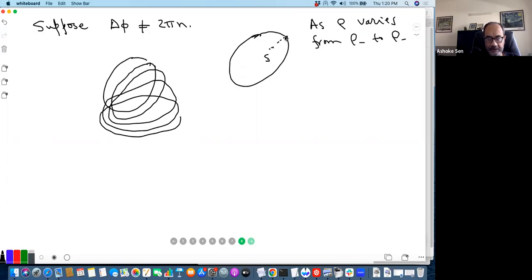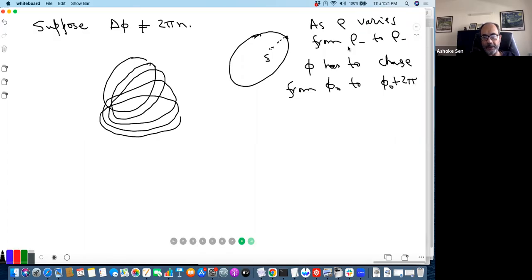Say it was at rho minus here, it went along once and came back to rho minus. But in that process, phi has to change from phi naught to phi naught plus 2 pi, because it came back by changing by a 2 pi angle. This would have been a periodic orbit.